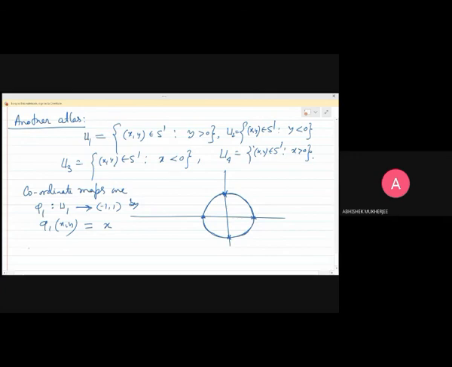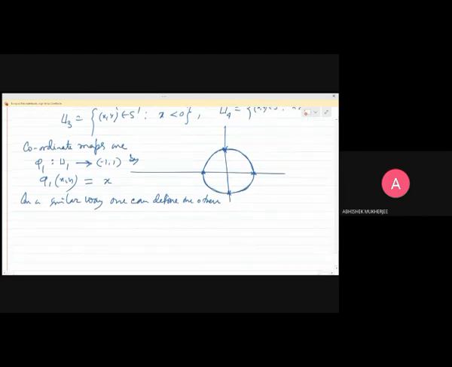In a similar way, one can define the others. Then you will find that these maps are continuous, and actually they are homeomorphisms.